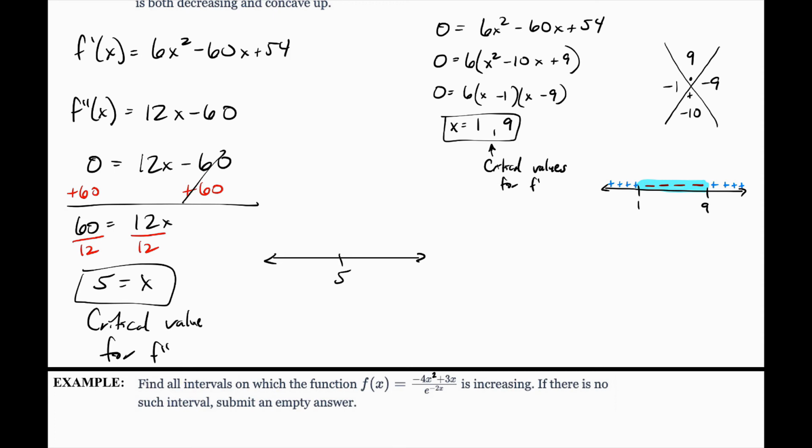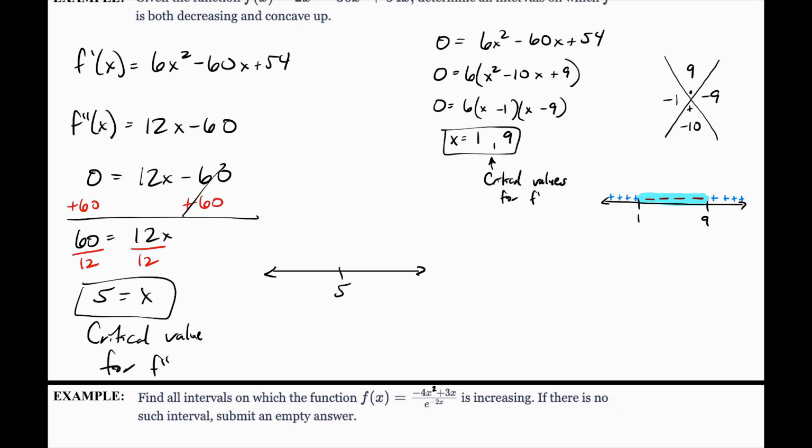Okay. So now we got to check to see where is it positive? Concave up? Yeah, concave up. Where is it positive? To the right of 5 or to the left of 5?